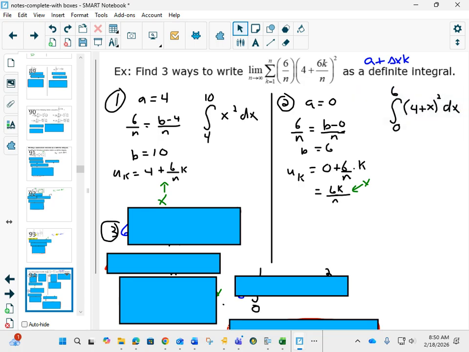Now when I plug it in, I've shifted things 4 to the left. Can you see if you took your original one here, from 4 to 10 of x squared, if you shifted it 4 to the left, you would have an x plus 4 inside the function. And then the range that you're looking at is now from 0 to 6 instead of 4 to 10.